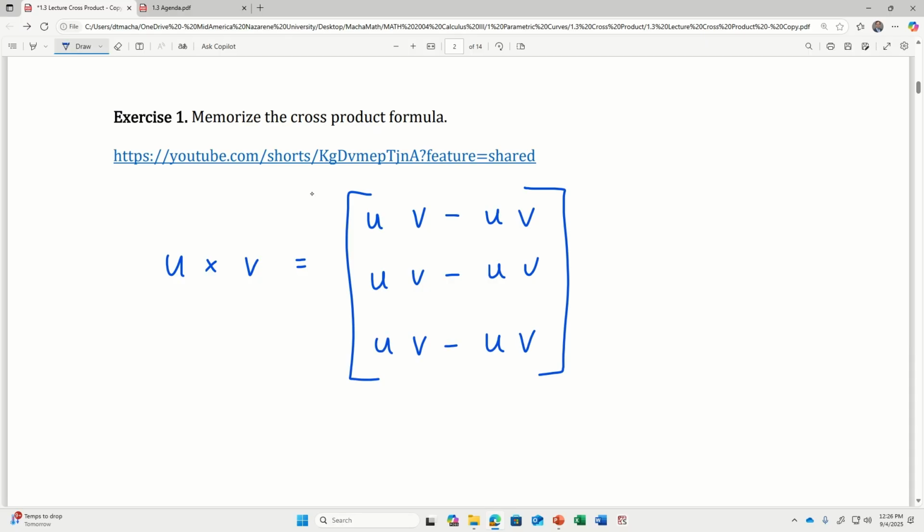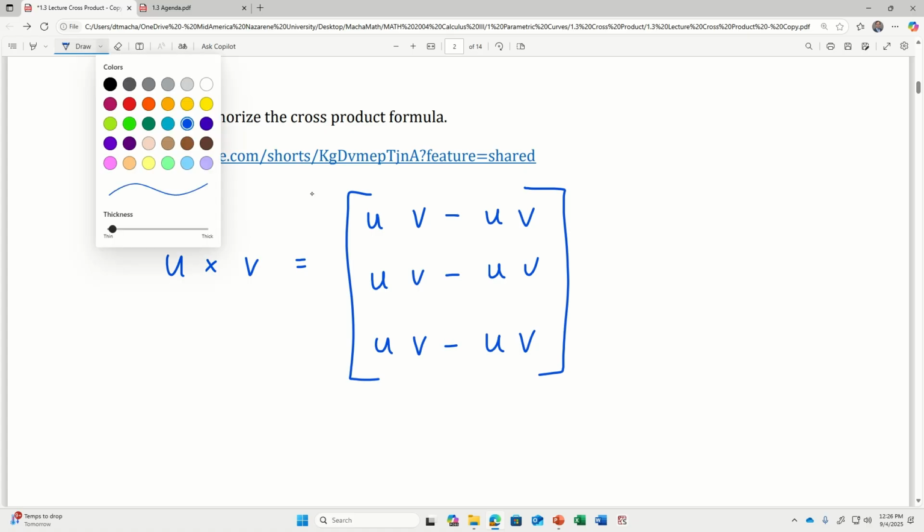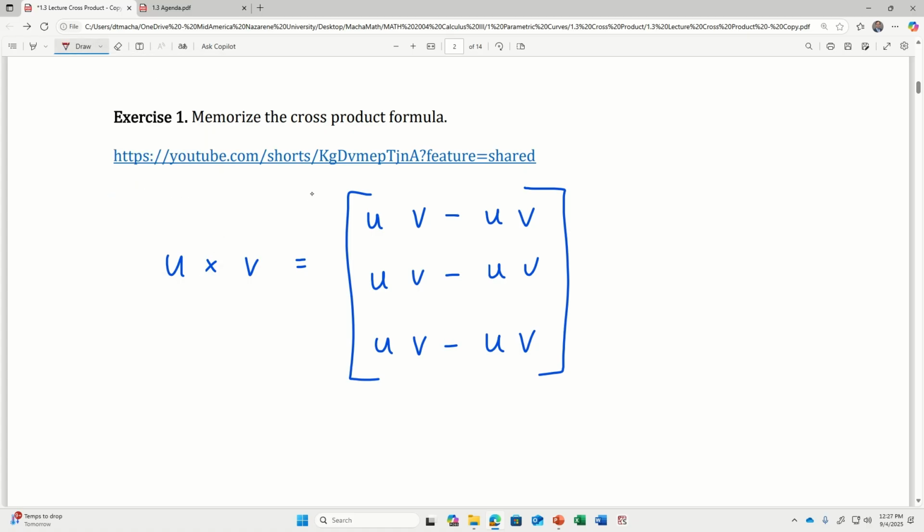Just write that down. Hopefully you can remember that part. This is the part where you go home, you play Ocarina of Time, you learn the order is 2, 3, 1. See the subscripts? 2, 3, 1.